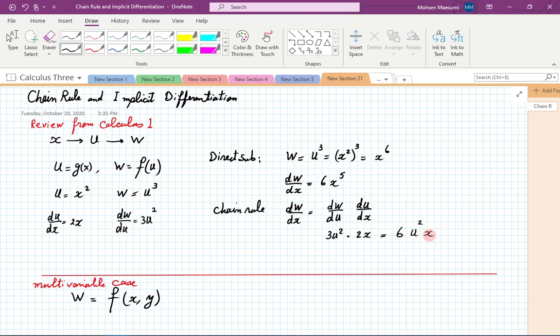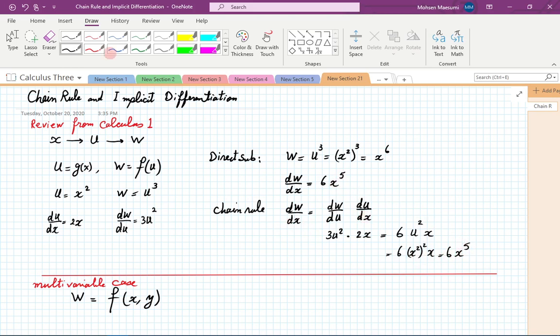How is it that we are getting 6u squared x for dw/dx, and here we are getting 6x^5? Well, if you look at this, you notice that this is the same as that. You remember u was x squared, so this is really 6, u was x squared, that's being squared, times x. So this is also 6x^5, same as over there.